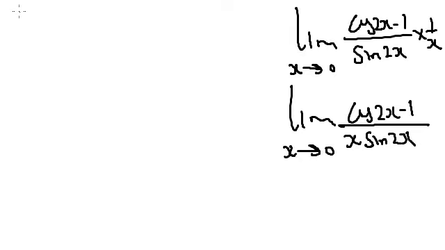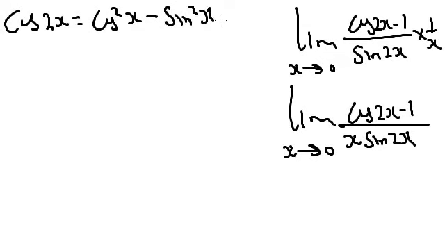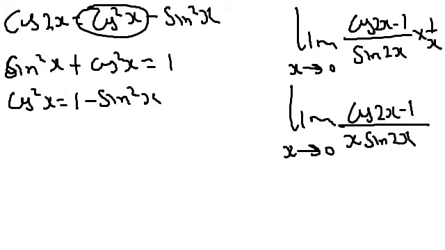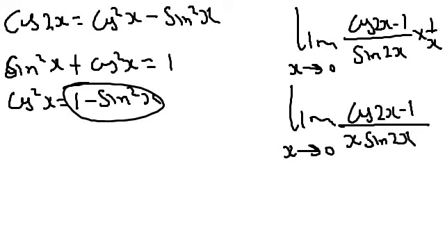Earlier we said that cos 2x is equal to cos squared x minus sin squared x. Now, we also said that sin squared x plus cos squared x is equal to 1. What if we solve for cos squared x? Isolating cos squared x, it is equal to 1 minus sin squared x. Now replace cos squared x here with 1 minus sin squared x.